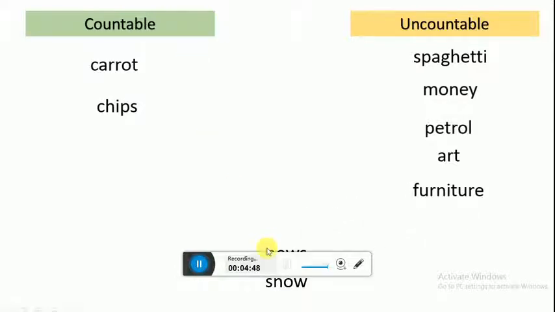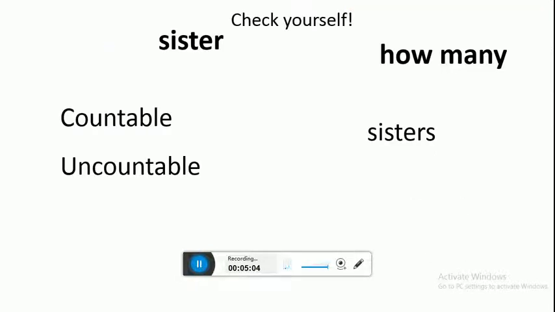Okay. So what about here, the second word? What about news? News, uncountable for sure. What about snow? Snow is uncountable also. Okay, so this is a short quiz, check yourself.